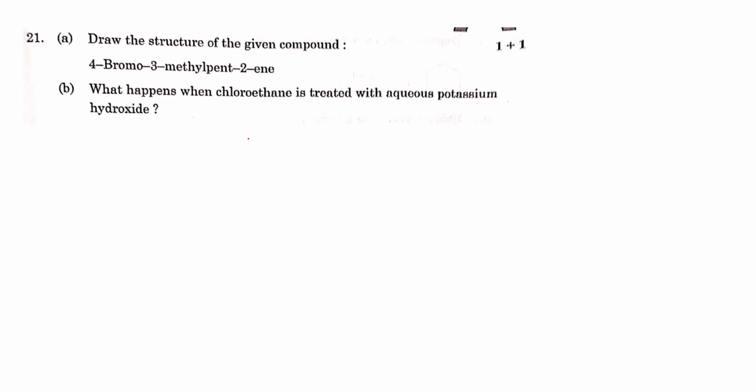Draw the structure of the given compound 4-bromo 3-methyl pent-2-ene. So the first thing to write is pent: 1, 2, 3, 4, 5. Now since it is written 4-bromo, 3-methyl, so 1, 2, 3, 4, 4-bromo, and 1, 2, 3 methyl.